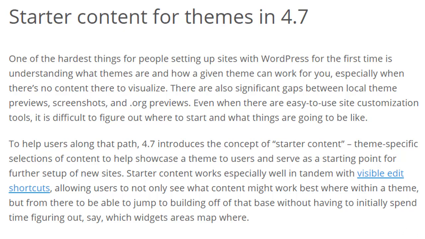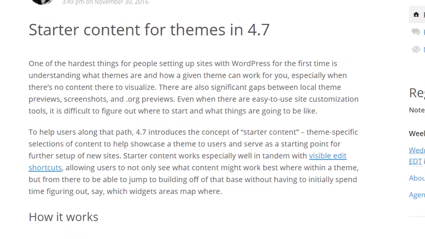It is difficult to figure out where to start and what things are going to be like. To help users along with the path, 4.7 introduces the concept of starter content, theme-specific selections of content to help showcase a theme to users and serve as a starting point for further setup of new sites.